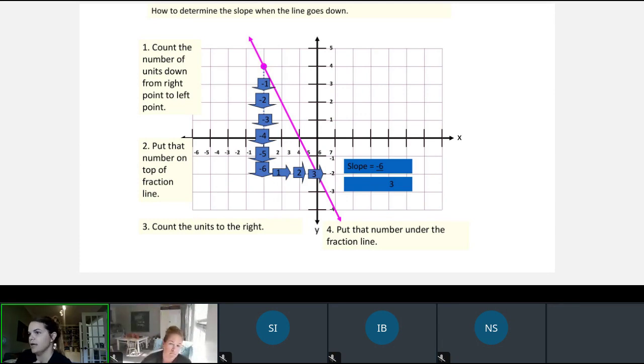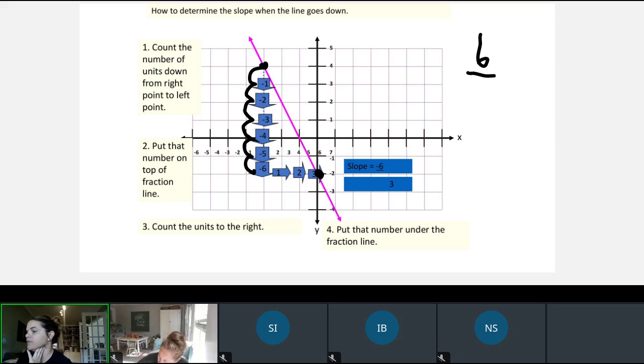Okay, so let's go ahead and count our slope for this one. We find our pretty point. We're going to find another pretty point. We are going to count the number of units down. 1, 2, 3, 4, 5, 6. That number goes on top.